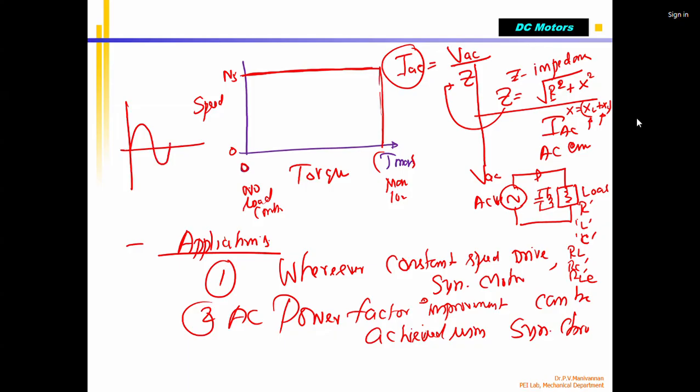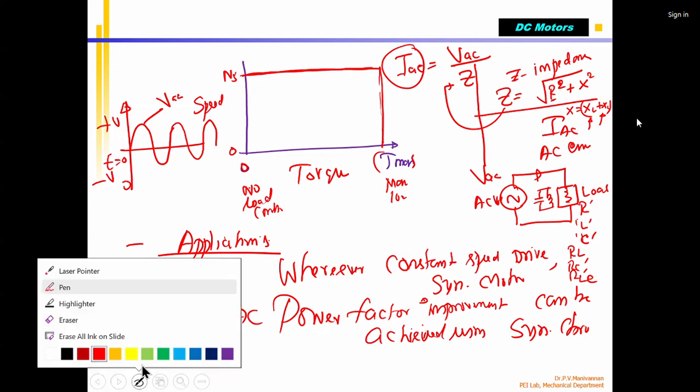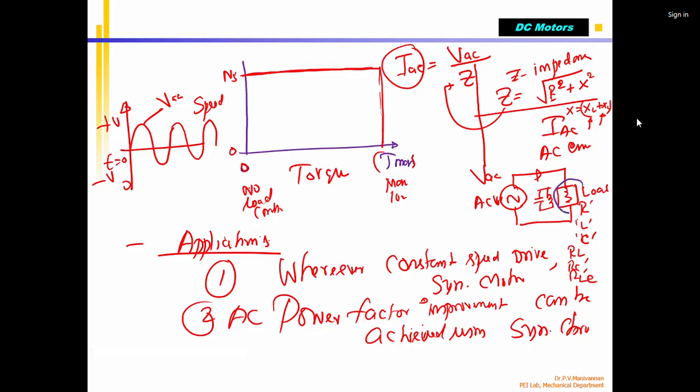The problem is that I am applying an AC voltage, which is sinusoidal, correct? Generally we represent this as my V_AC. This is my time axis, t equals 0. This is the amplitude, plus V, minus V. And how will the current flow through a resistive load? If the load is purely R, the current will be like this. You can see there's no phase angle.